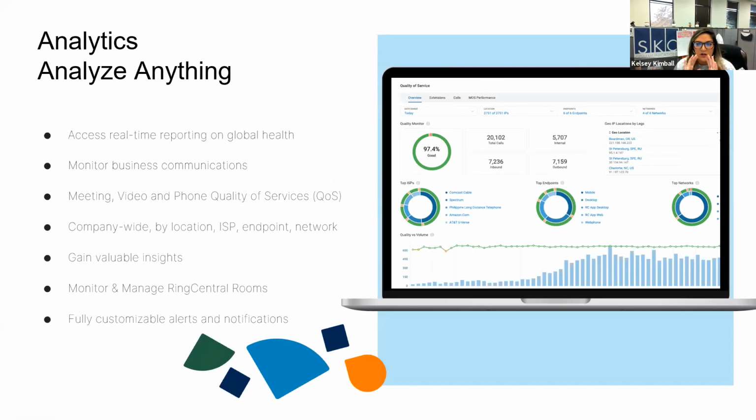Perfect. So high level, this is kind of the quality of service that you can pull from the analytics portion. There's another slide that you can actually look at specific phone records, whether it's the call queue, whether it's a specific user. You can customize all the KPIs that you want. So at the top right here, you're only seeing 4, but you have the option of seeing 25 different KPIs that you want to look at for specific calls.